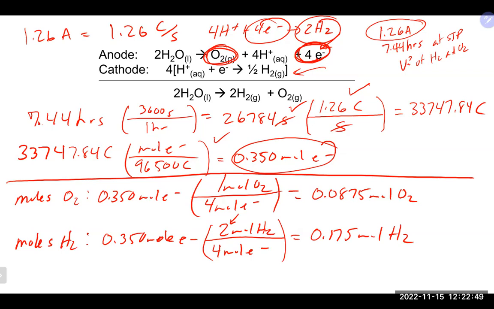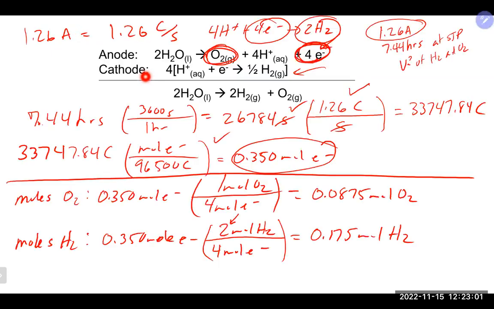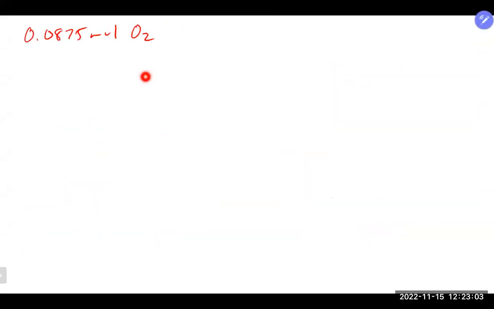And let's just rewrite those. So we had 0.0875, I believe, moles of oxygen, and we had 0.175 of hydrogen. All right, so we could use PV equals nRT. Here we would be solving for volume.